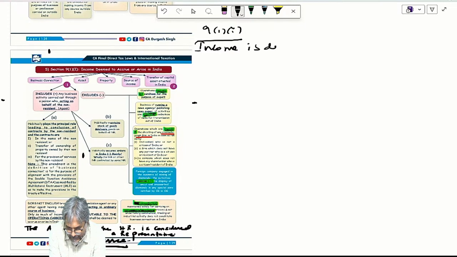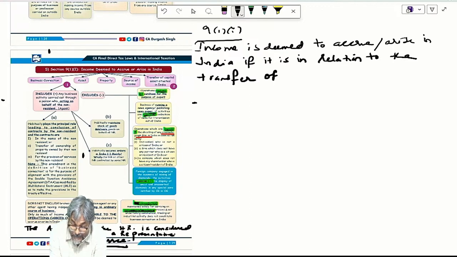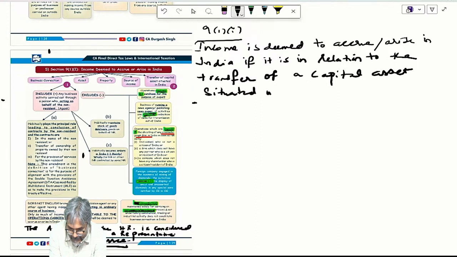So, income is deemed to accrue or arise in India if it is in relation to, I can use the word inter alia also if you want, if it is in relation to, comma, inter alia, comma, transfer of a capital asset situated in India.